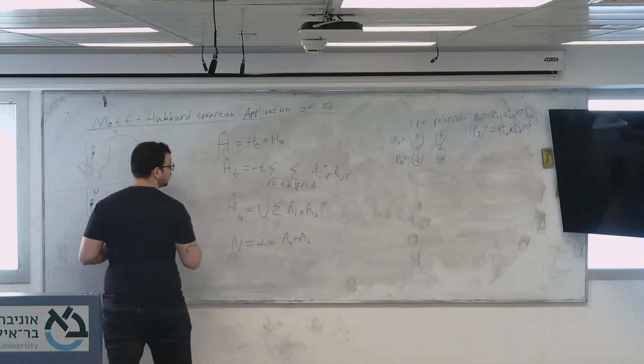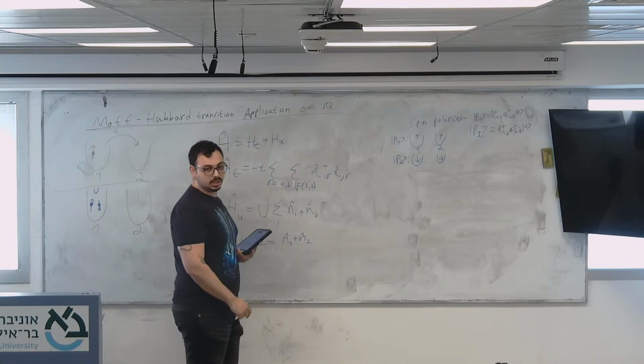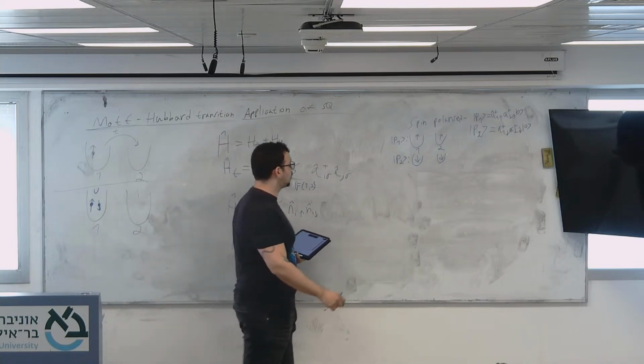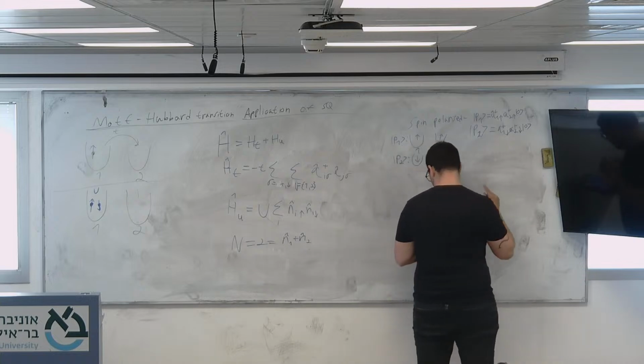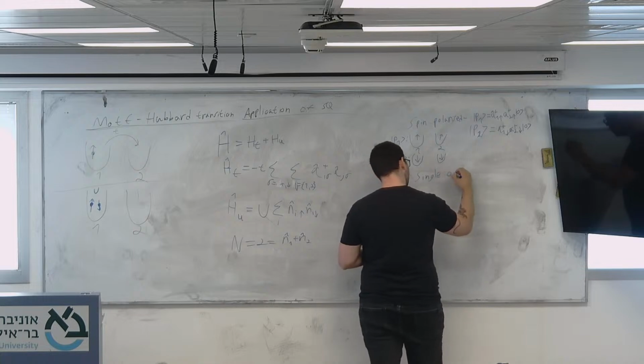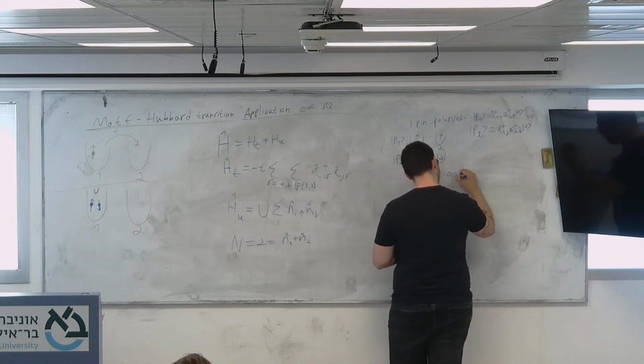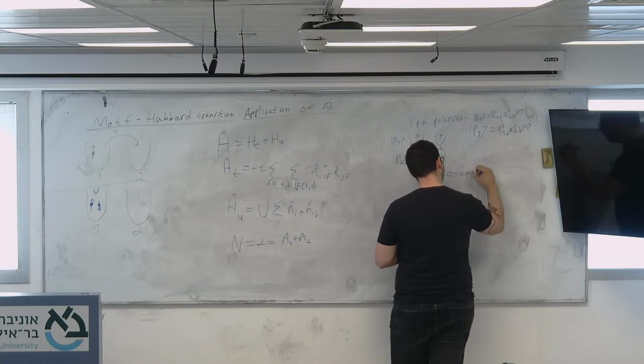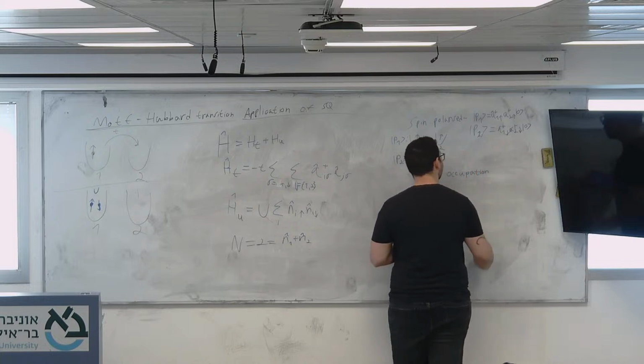Then we can do the exact same thing, putting one electron in each lattice spot but with different spins. We call those the single occupation states.